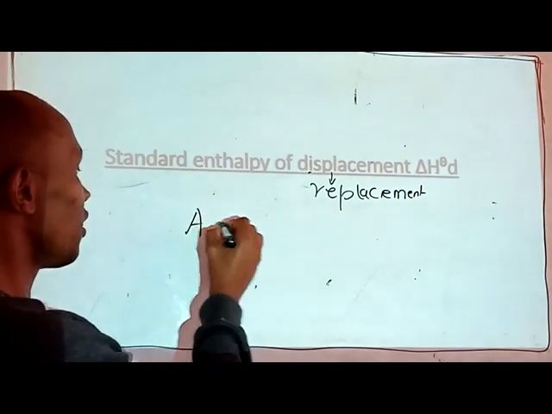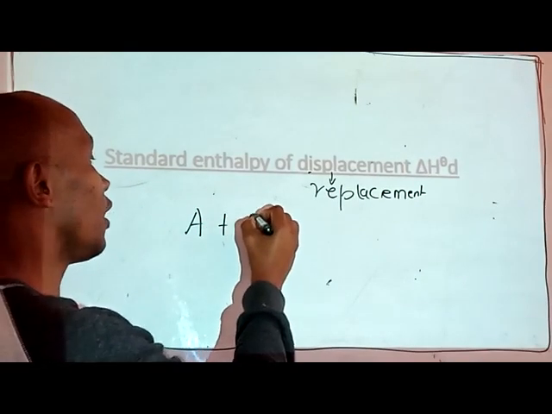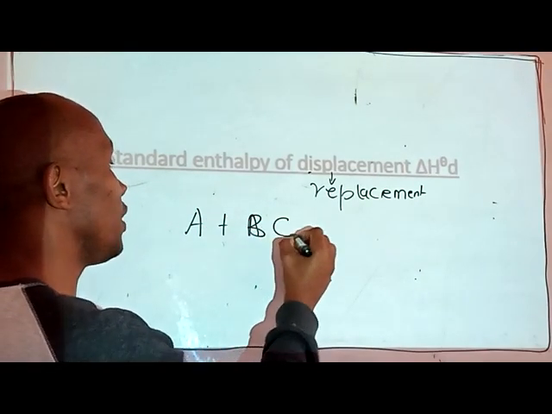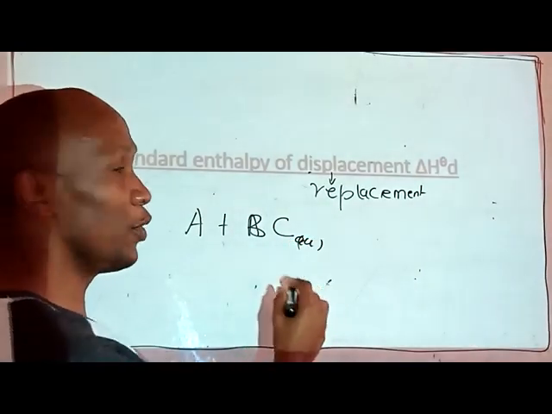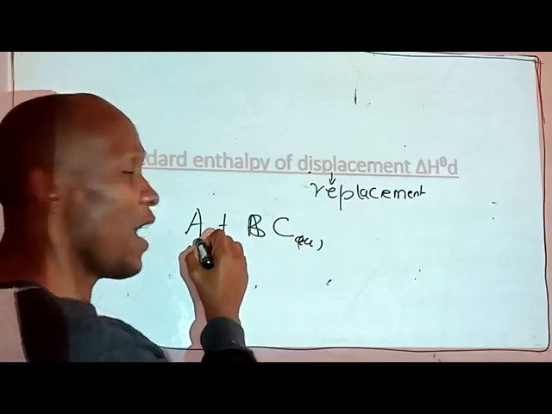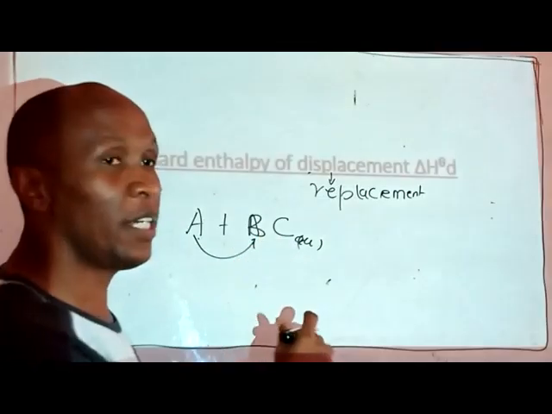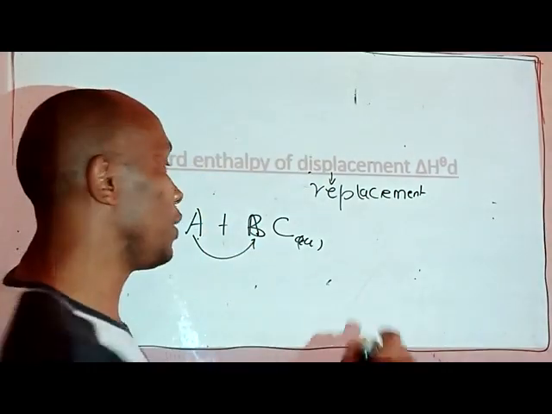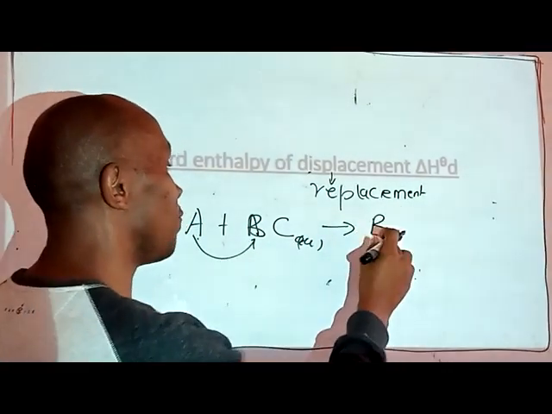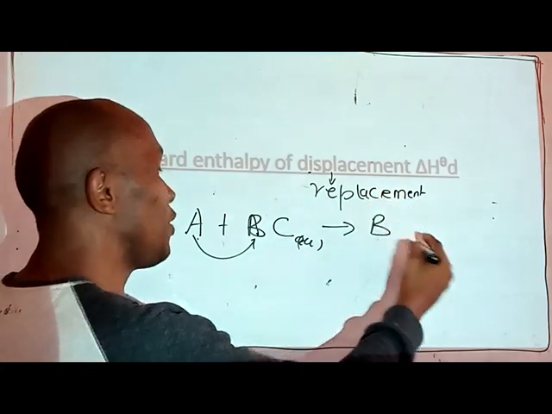So we could talk of a substance A, and then we have a compound BC. So this one is in solution. So if A is more reactive than B, then A will replace, it will displace B. So then we are going to have B on its own, the elemental form.